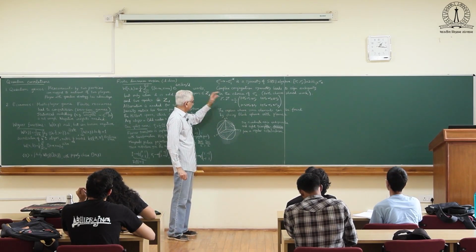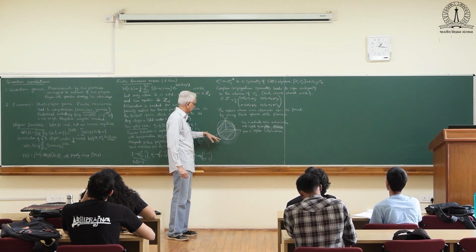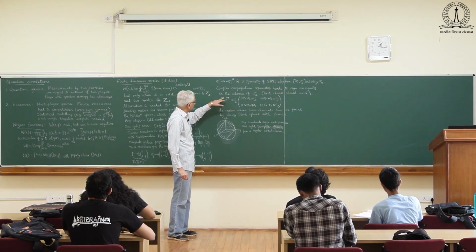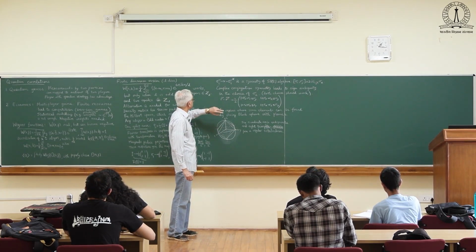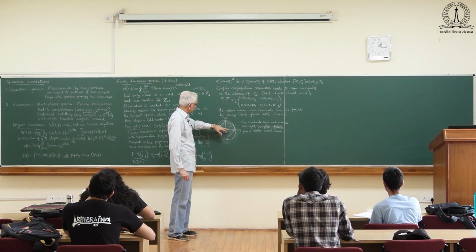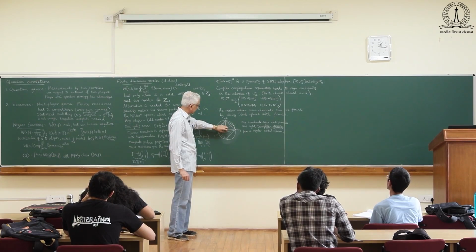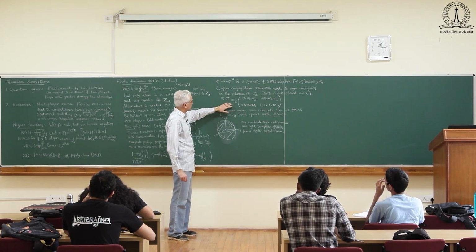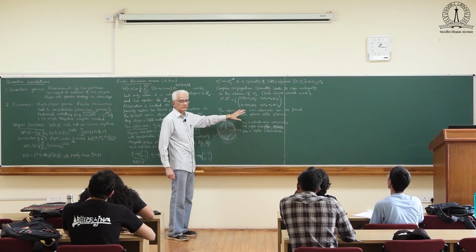So we got this description, and it tells us that if I take any point in this three-dimensional space, if I am inside the octahedron, all the elements will be positive.